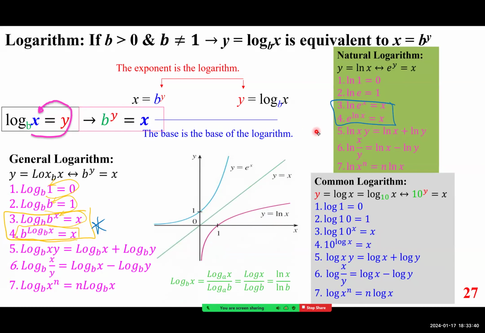And here's the change of base formula. Log x with base b is the same as log x over log b, as long as we choose some base, such as a. Obviously, we either choose common log or natural log, because that's what most calculators can handle, but not a general case.